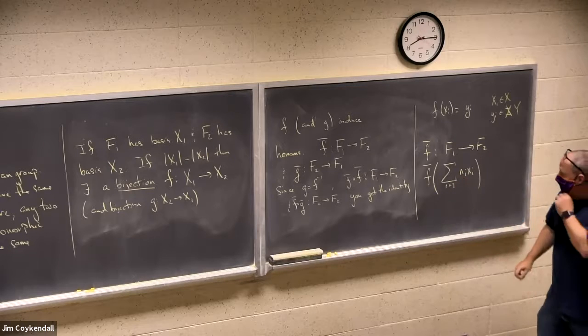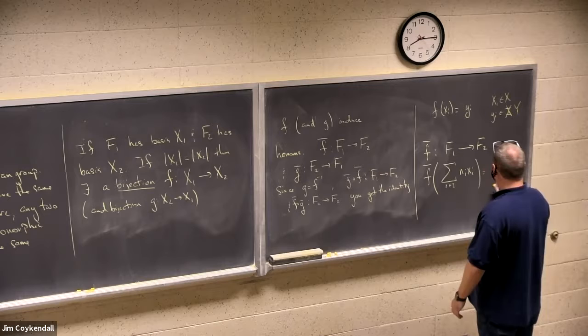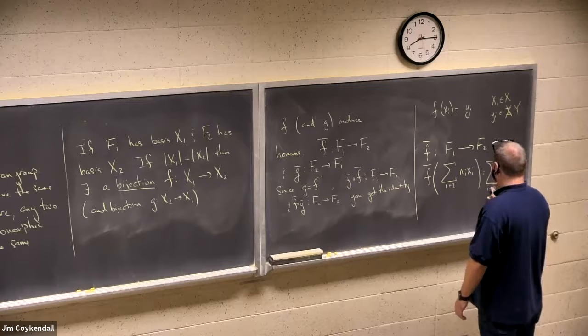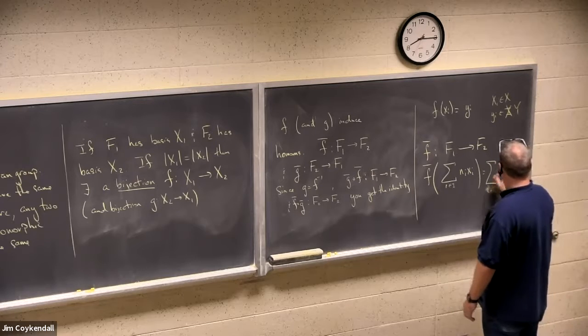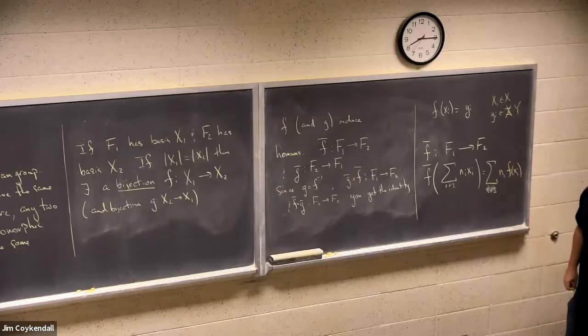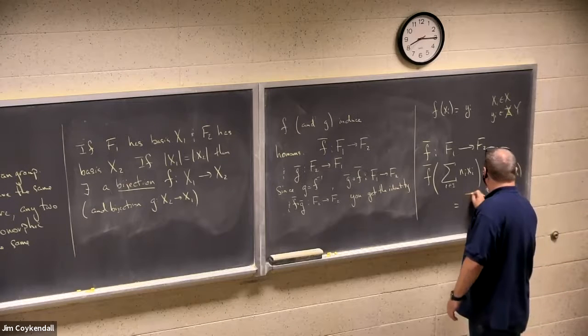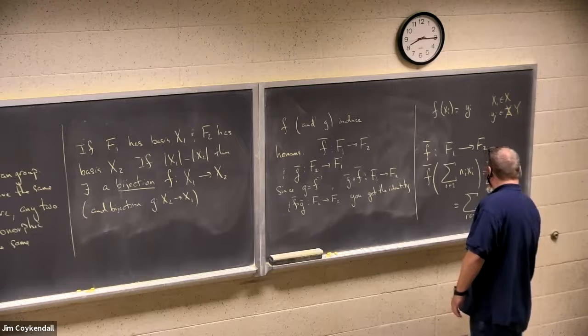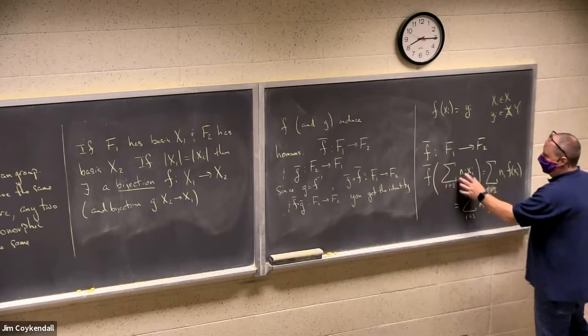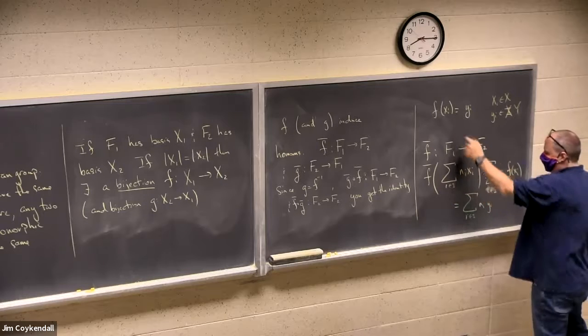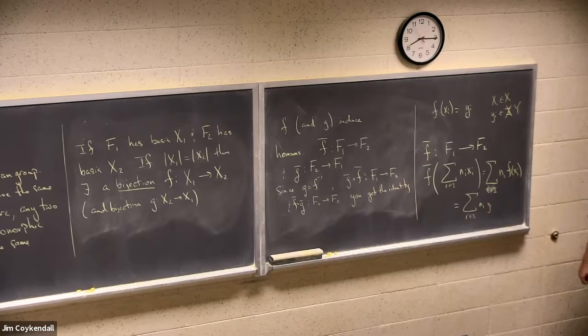And the output of that should be the sum of n_i F(x_i). So that's how the homomorphism works: input a linear combination of the first basis, output a linear combination.